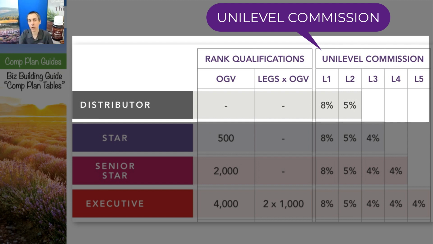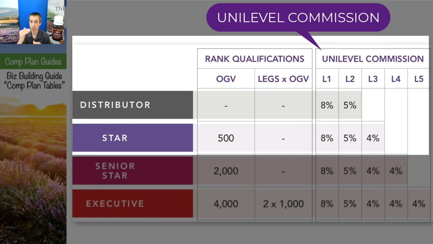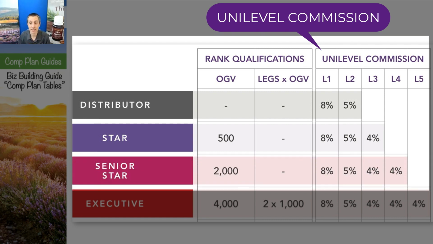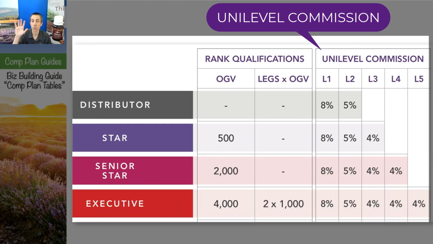So immediately, this tells you that as a 100 PV distributor, I can earn 8% on level 1 and 5% on level 2, but I don't earn anything else after that until I reach the rank of Star, which is below that. And you can see L3, which means unilevel 3, that I earn 4% on. You can see how that progresses all the way up to Executive, which then gets my maximum of 5 unilevels of commission that you can earn.